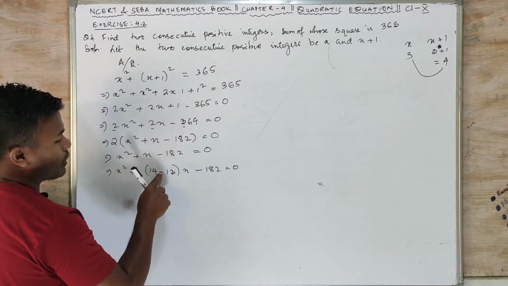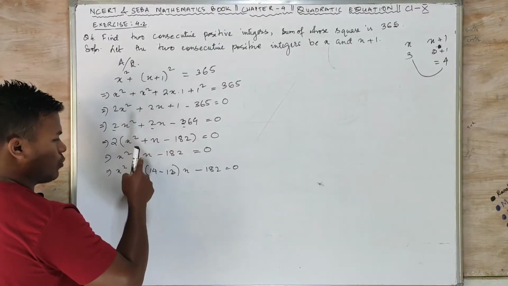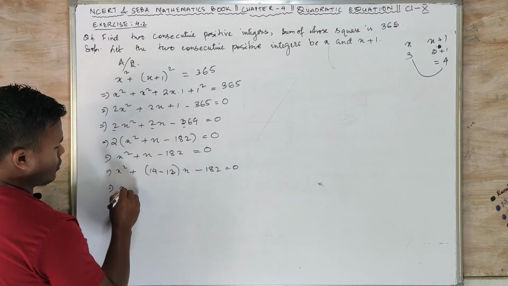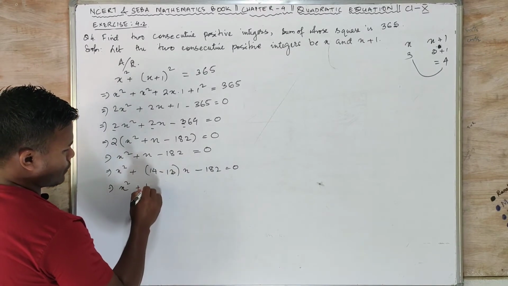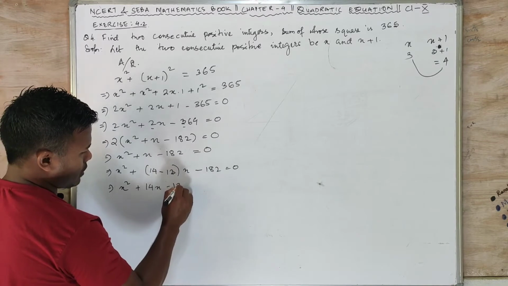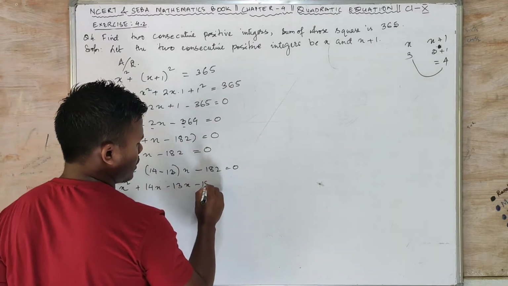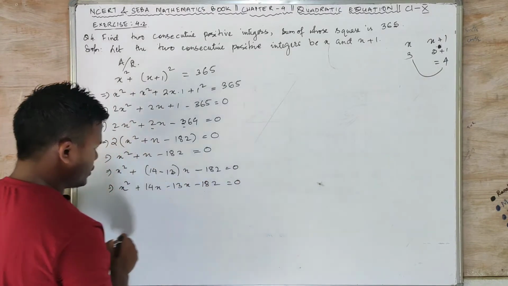Then 14 minus 13 is what? 1. So 1 is the correct number. So x square plus 14x minus 13x minus 182 is equal to 0.